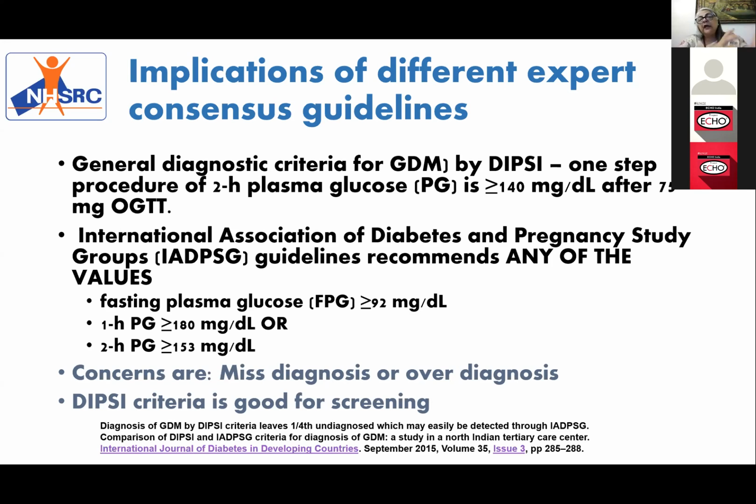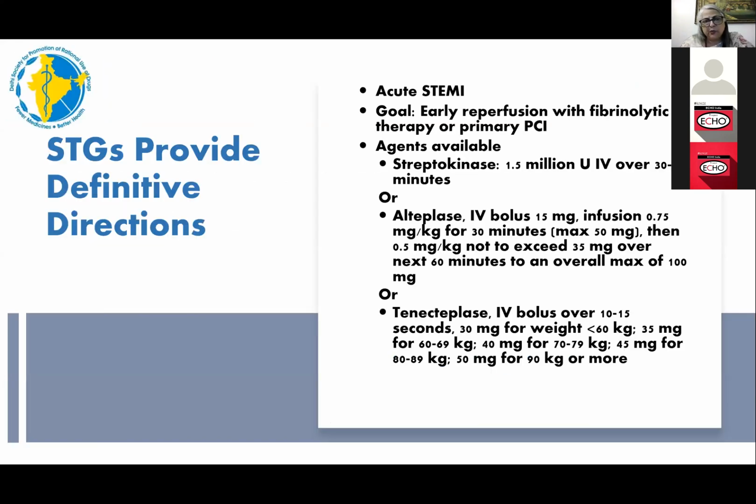So according to their criteria, they were doing overdiagnosis of diabetes. So here again, STG will come in your way, because these are made specifically relevant to your healthcare system and your condition. So you exactly know what is given in the standard treatment guideline. For example, hypertension: if you know the correct cutoff points, then you know this is a hypertensive patient, this is pre-hypertension, or this is non-hypertensive. So that criteria also needs to be followed.